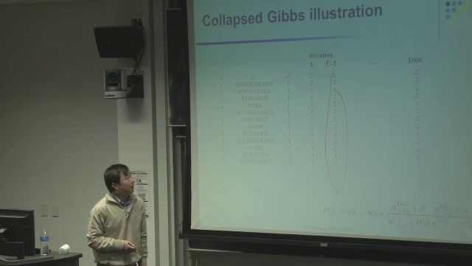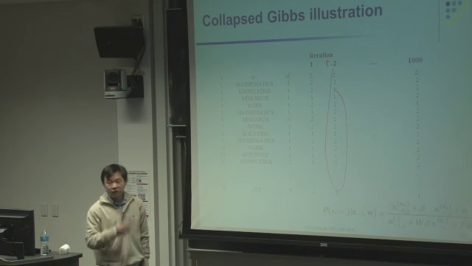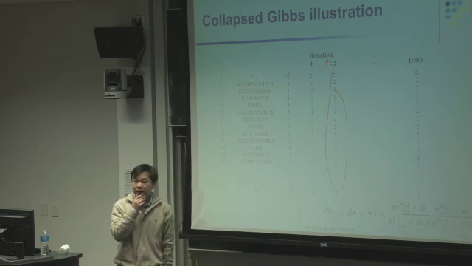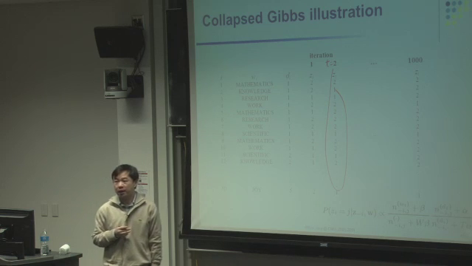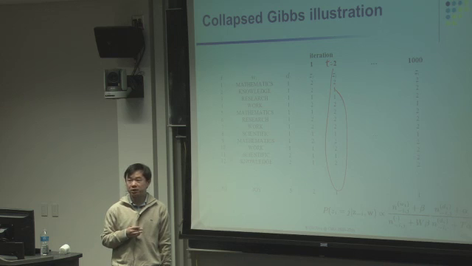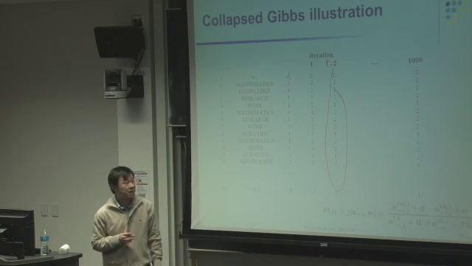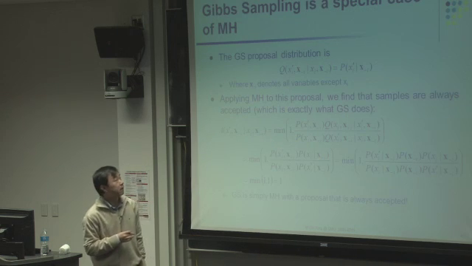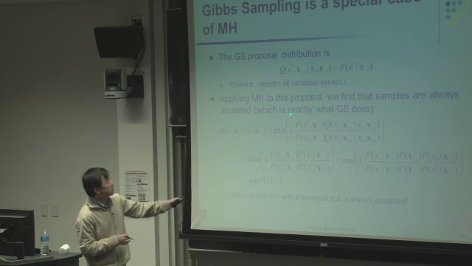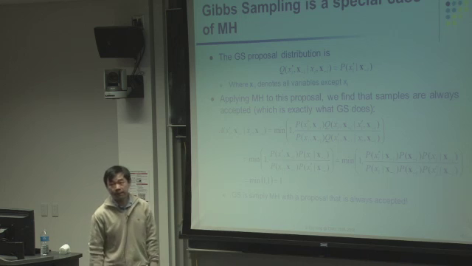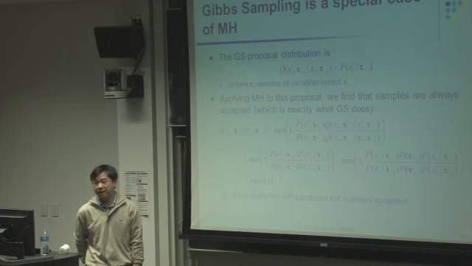All right, so now I want to make a theoretical statement about what Gibbs sampling actually is and how it is related to this bigger idea of MCMC. Here I have one slide, a very simple explanation of that. The gist of this slide is that Gibbs sampling is an instance of MCMC.